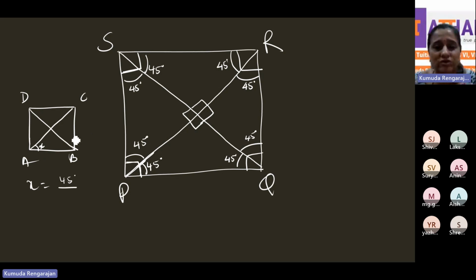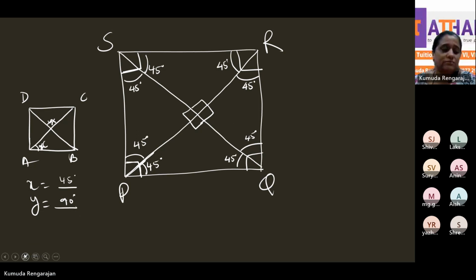You can do that only for a square, because every angle is fixed. If they mark this y, y is 90 degrees. If they mark z here, z is 45 degrees.